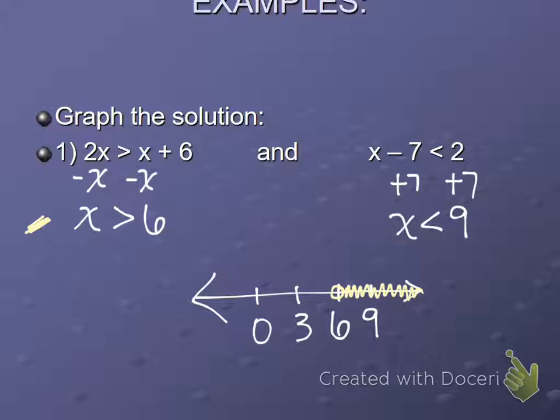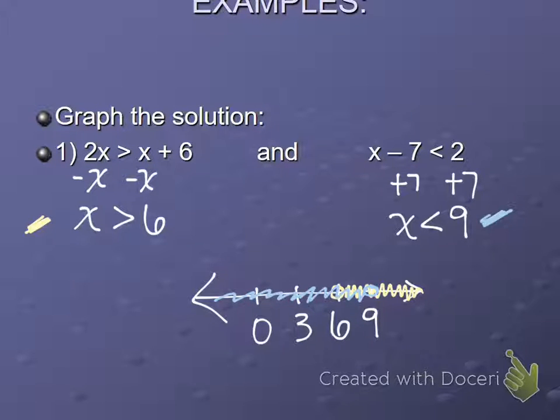I'm going to have to go back and take some of that away or erase some of that soon, but for now I'm going to leave it there. Okay, for my other inequality, x is less than 9, I'm going to use a bluish color. I want an open circle at 9, and I'm going to shade the opposite direction, because it is less than.